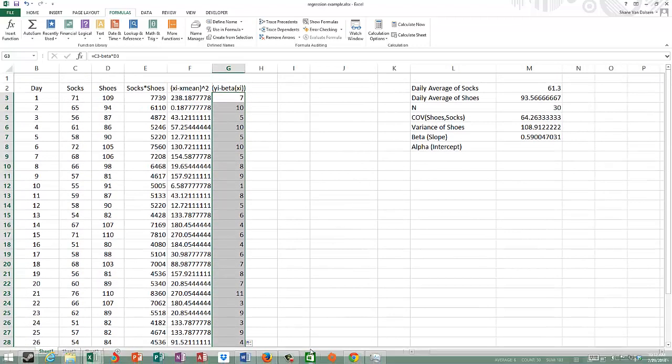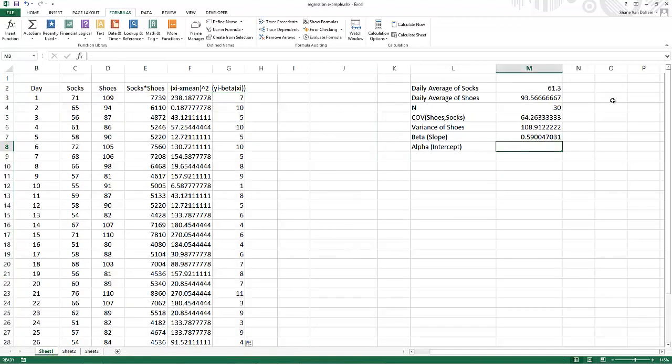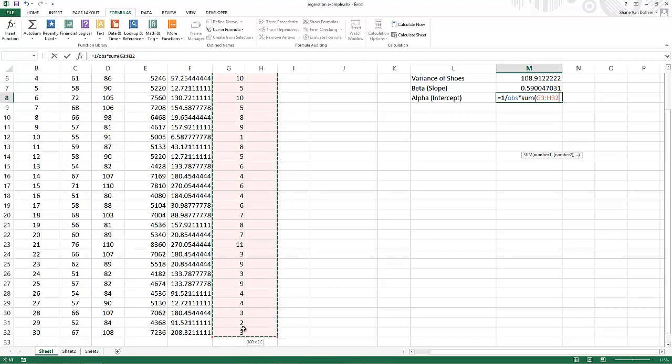And then my equation says I want to take 1 over n multiplied by the sum of those, or the average number of those, equals 1 divided by obs multiplied by the sum of, and I get 6.091.